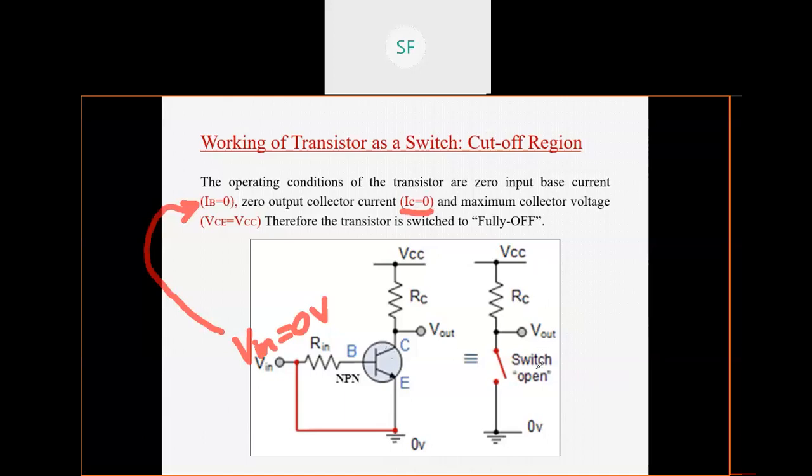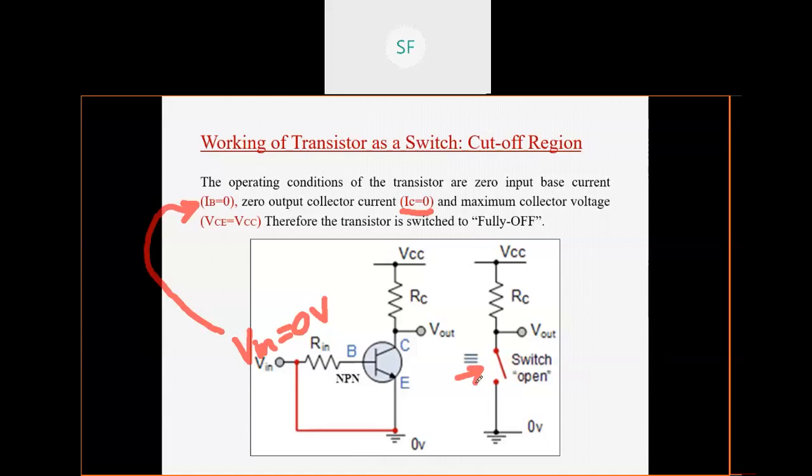For that you need to observe this particular diagram. Now we have seen that in cutoff region, both junctions are reverse biased, so there is no current flow. So no current flow can be characterized like this.